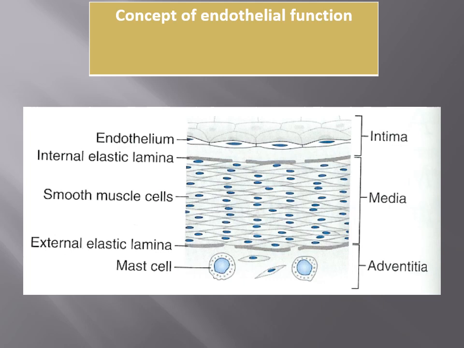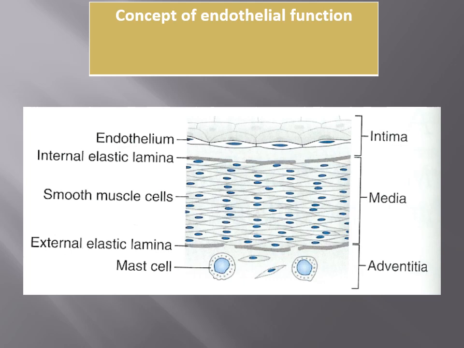This slide shows an important item to explain how atherosclerosis develops. That is the concept of endothelial function. Now we have to discuss the normal structure as well as the normal functions of the endothelium. أولا the structure of the endothelium، وده كلنا درسناه في histology.